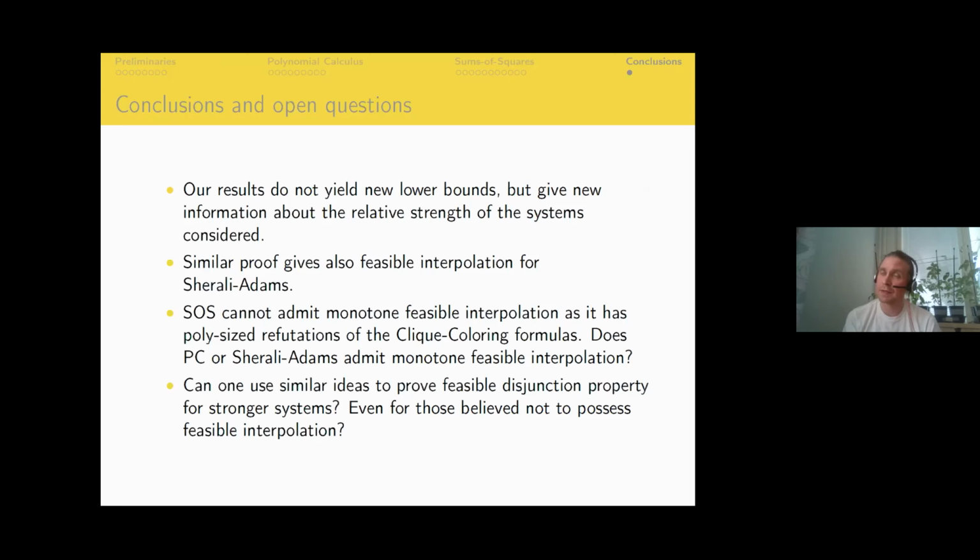They have this interpolation with respect to something like polynomial programs. But that's also for a degree bounded case.